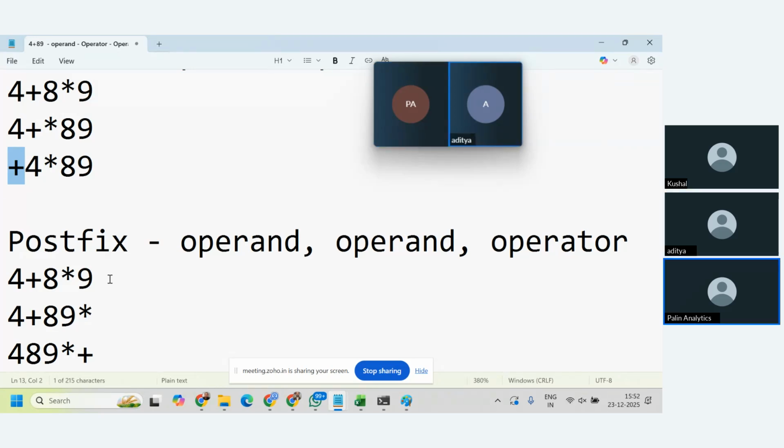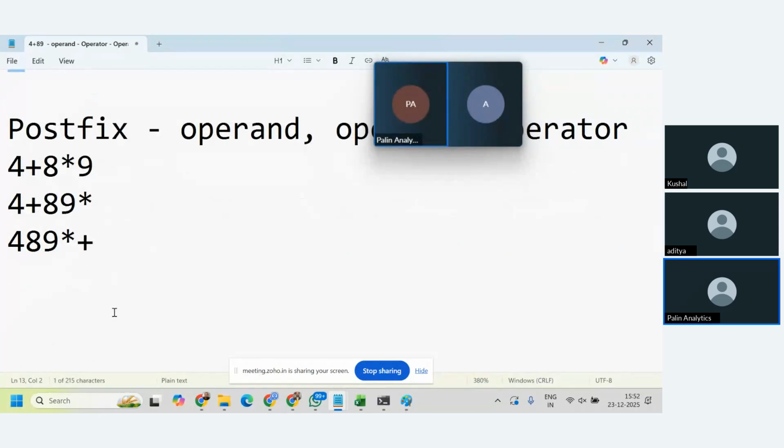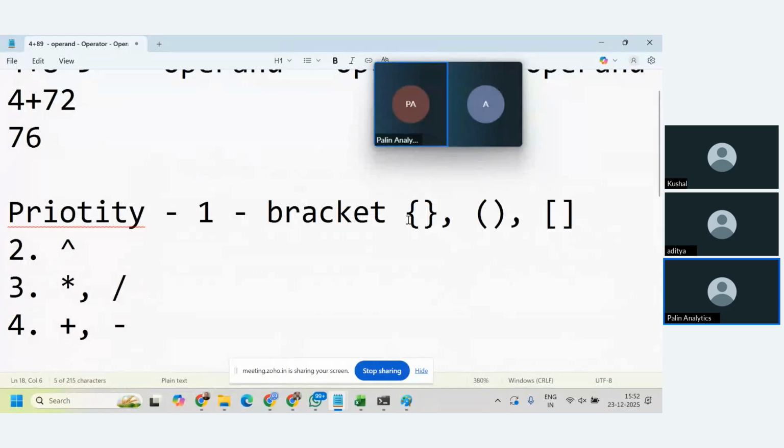Right. So now when we supply any equation to the system, usually we supply that equation in this form. But usually the system converts that string into this form, postfix form, and from the postfix only the system applies all these calculations, because the system does not understand what is bracket, what is priority.